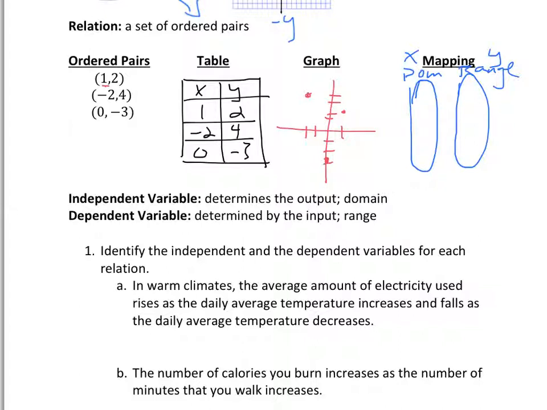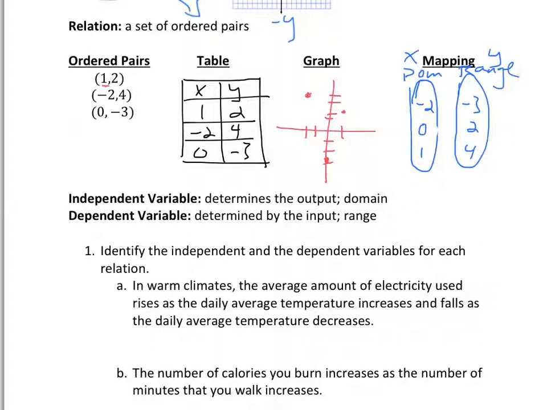In these little bubbles, I put my x's, -2 and 0, and my y's. They don't necessarily have to be in that order. Let's rearrange them to be in increasing order for both of them. So we have -2 first, then 0, then 1, and then -3, 2, and 4.